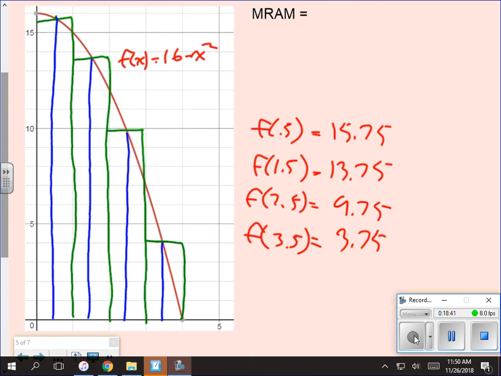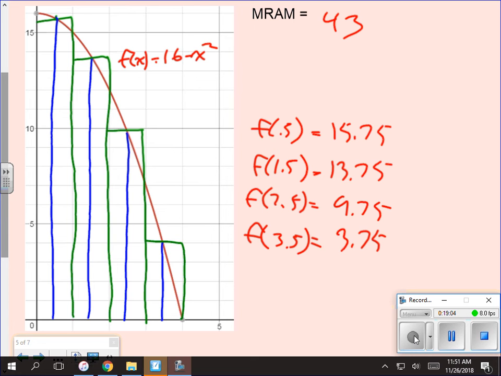Okay, so if we're doing MRAM, we have to find the height at the midpoint. The nice thing is, all our widths are 1, so you just multiply all those numbers times 1 individually and then add them together. And what do you get? 43.